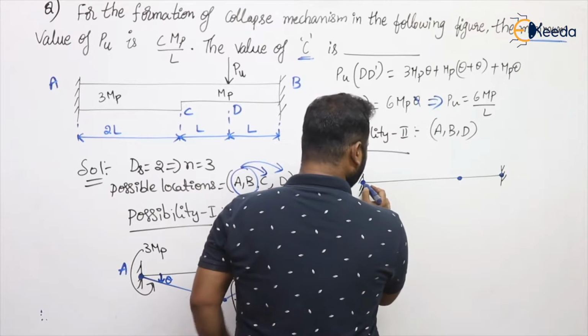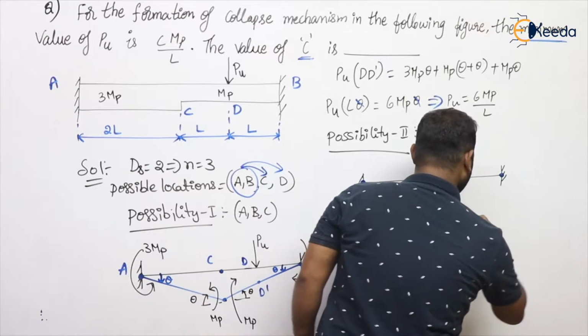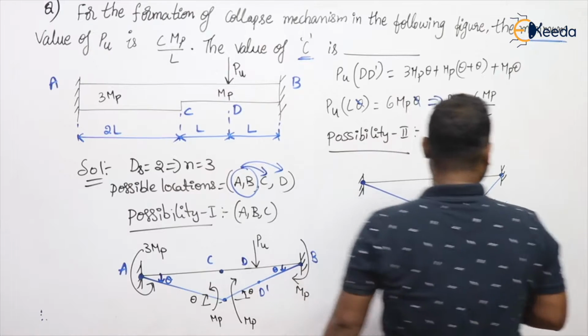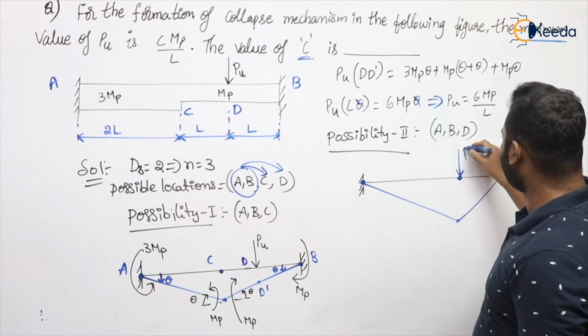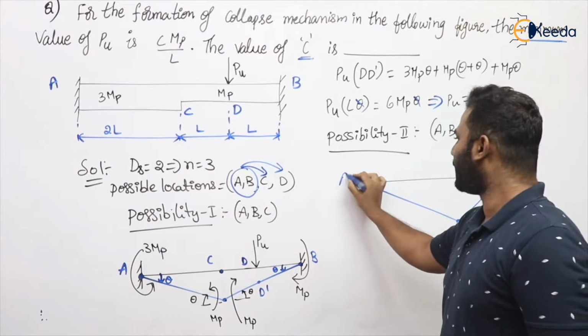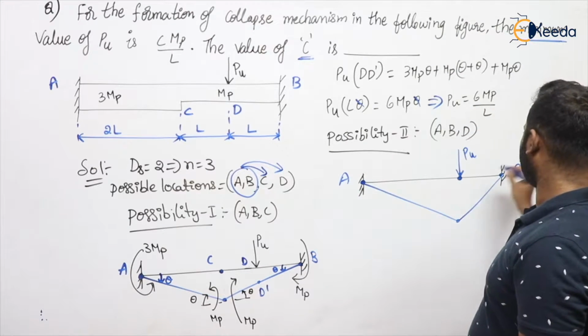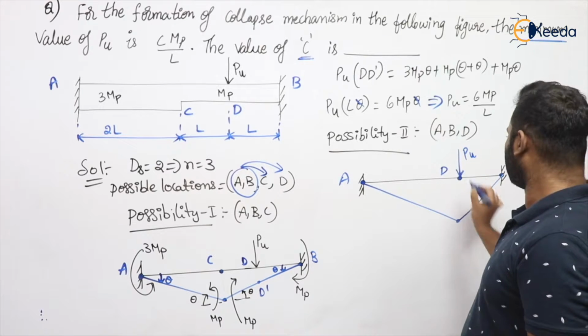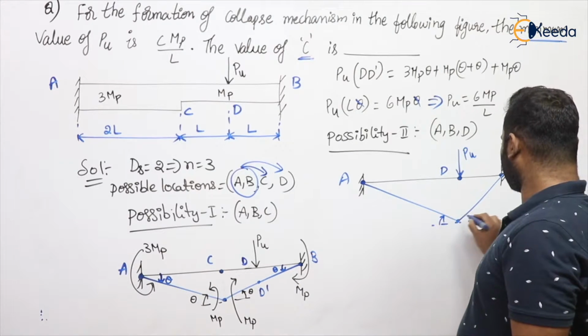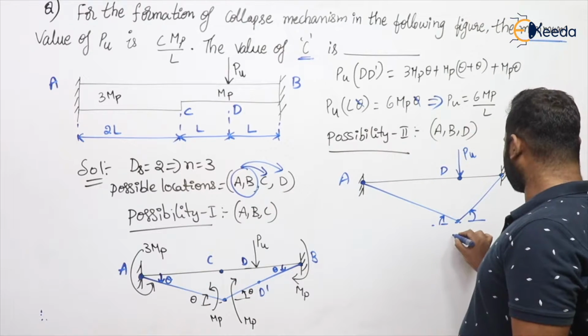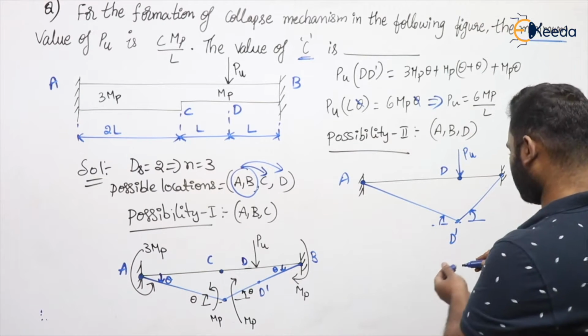Now this is the mechanism diagram. Here where the load is acting, PU. A, B, and this is D, and this is D dash.